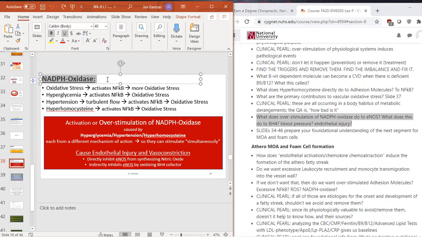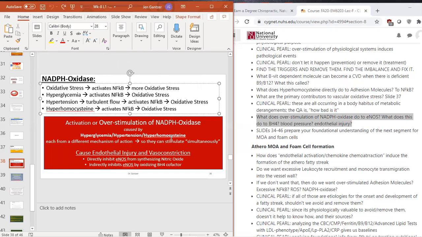When it's generated at a normal physiological basal level, and there are normal physiological levels of antioxidants in its vicinity, then it is not damaging. However, when this guy gets overstimulated, which it does with oxidative stress, then it pumps out a whole bunch of free radicals. So overstimulation of NADPH oxidase is a source of extreme amounts of free radicals.